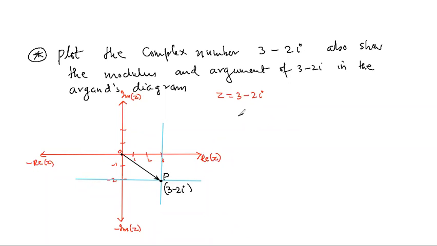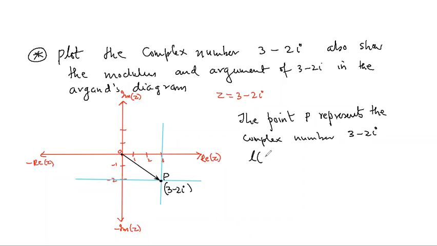So the point P represents the complex number (3 minus 2i).